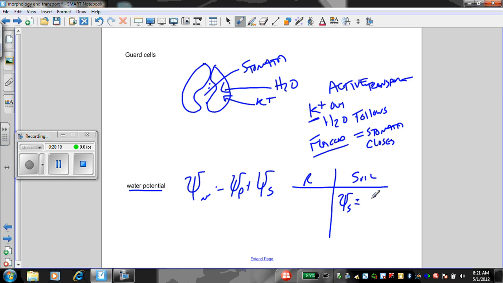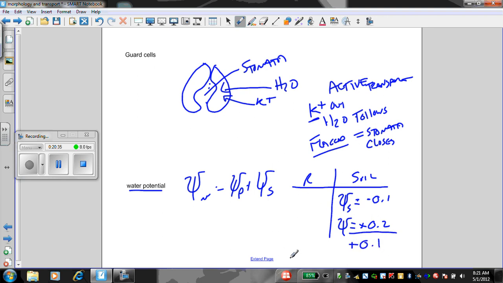So if it has a little bit of salt, this might be a negative 0.1. And maybe the pressure outside is pretty minimal, right? Barometric pressure changes or something. So maybe the pressure is pretty negligible. It might be like a plus, I don't know, 0.2.